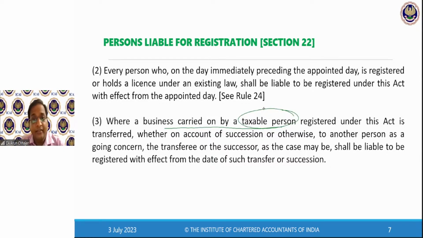You are saying that if the father has turnover below the threshold limit and has not taken registration, then he is not a taxable person. Therefore, his son is not required to take mandatory registration. Because if he has turnover of more than 20 lakhs or 40 lakhs, as the case may be, then he will be considered a taxable person. Is the answer clear?